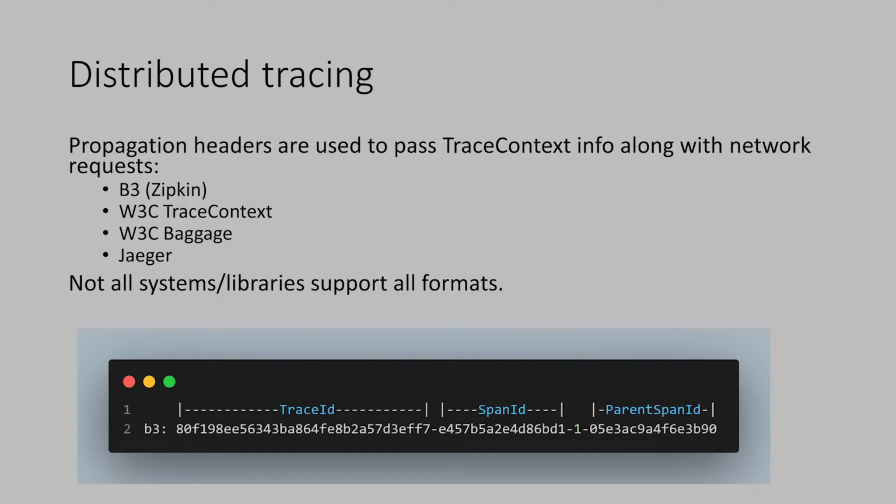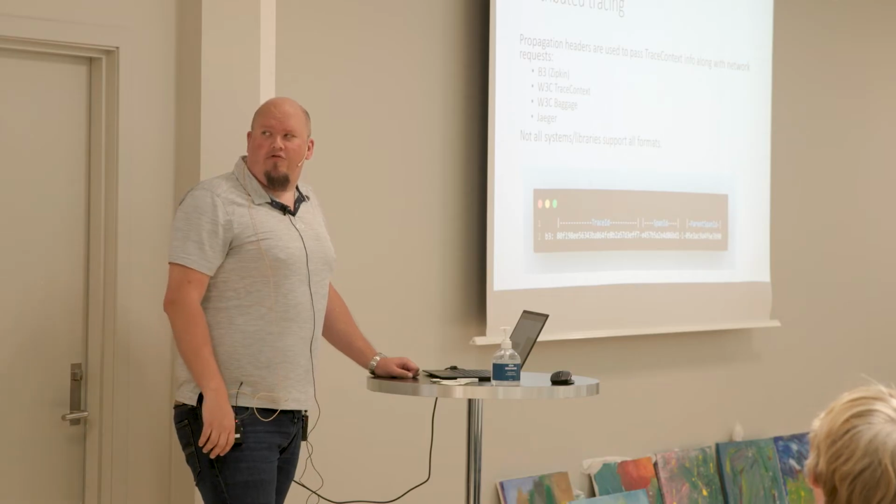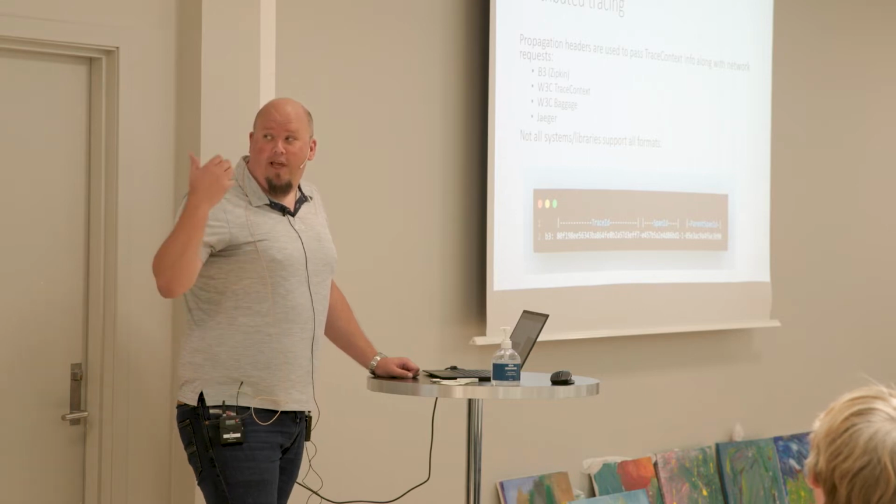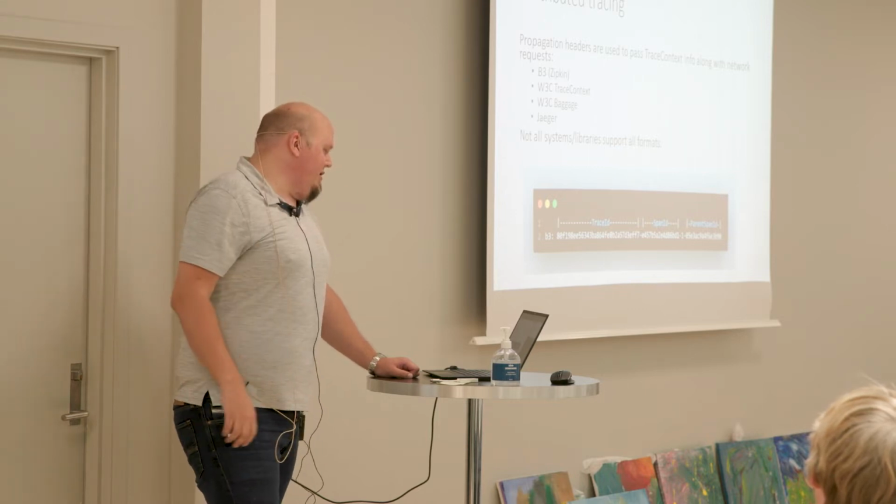So as I said, for distributed tracing there are different specs. Once upon a time, the B3 spec, also called Zipkin or Open Zipkin or Twitter, was the original and I think the most used. It's called B3 today, but it was Twitter that made it.